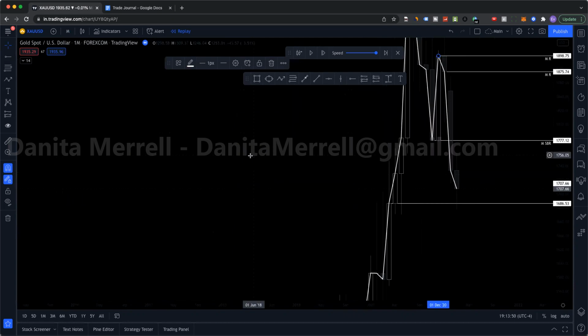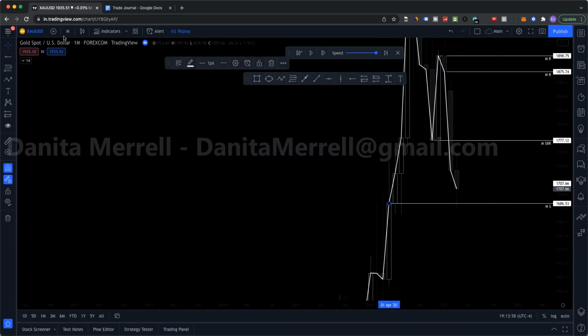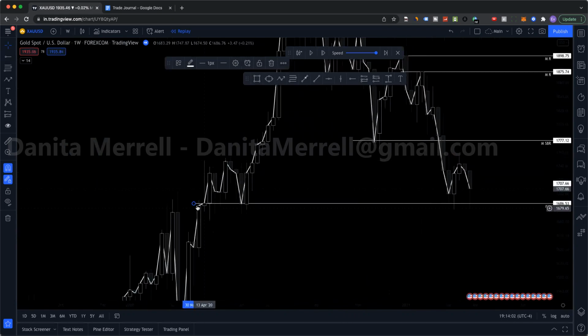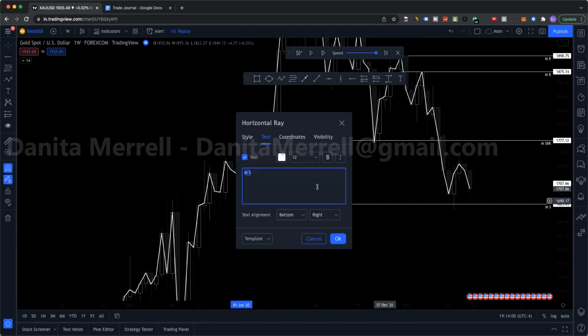Cool. Everything looks good, looks dandy. This is monthly support. And then we can see that that monthly support traded to a weekly support, because the weekly is underneath the monthly.